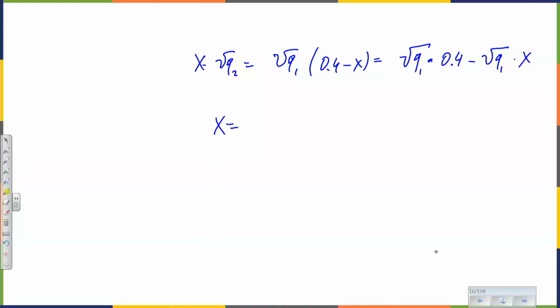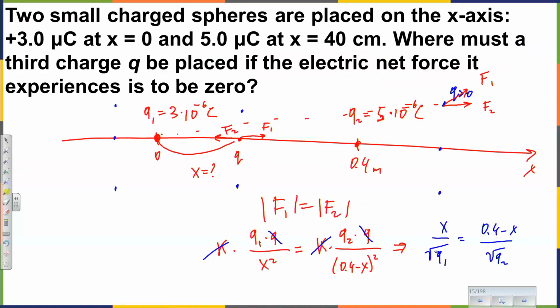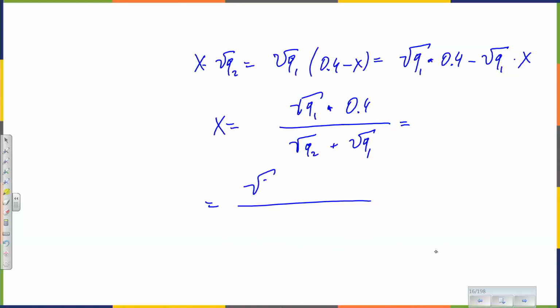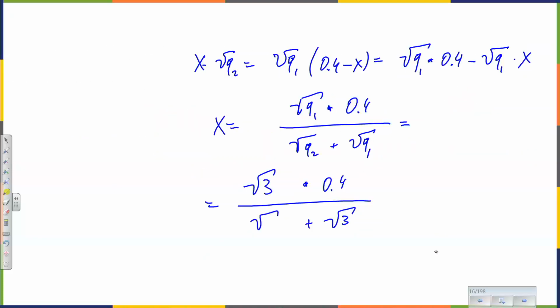So x will be equal to square root of this times 0.4 over square root of this plus square root of this. What charges do we have? 3 and I think 5. Yeah, 5. That's the answer. At this time, we just have to take a calculator and calculate it.